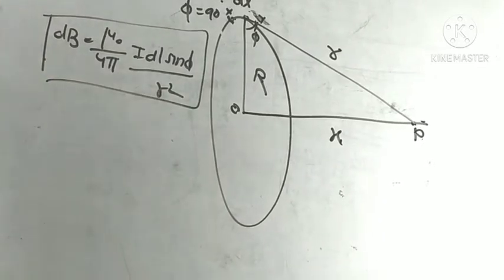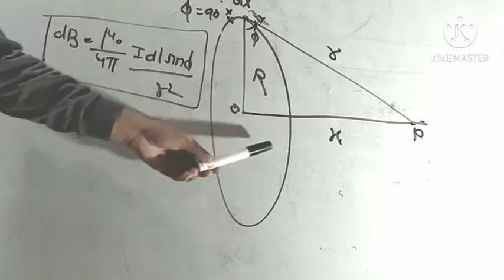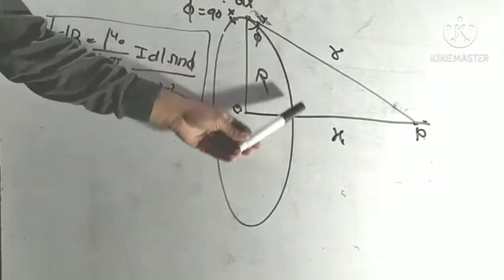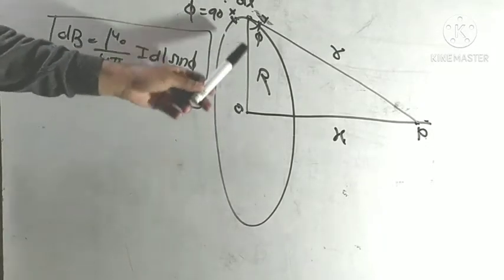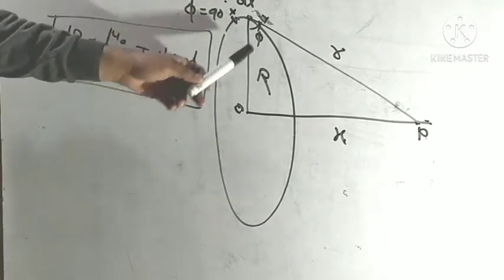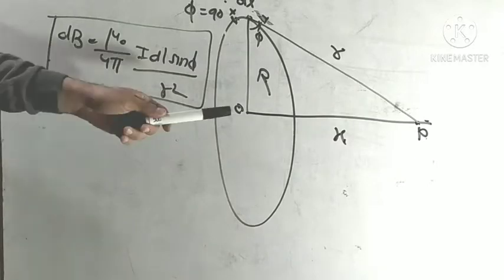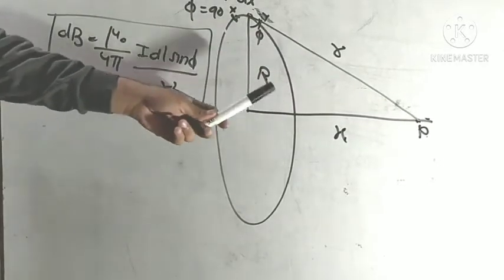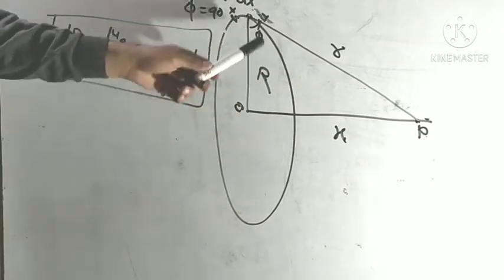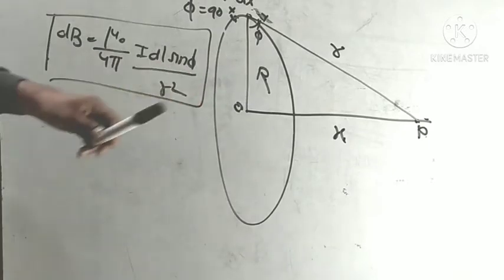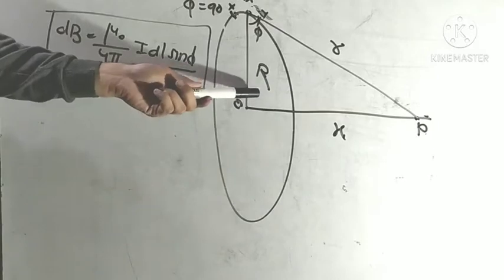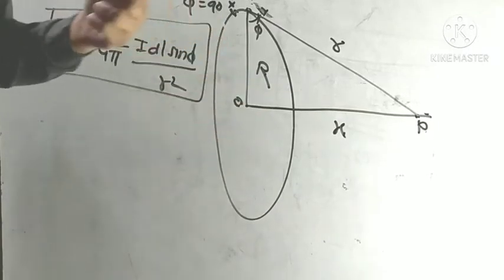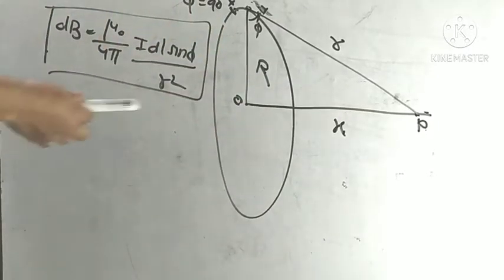I repeat again what we do here. We take a circular wire in the form of a ring or circular loop, and r is the radius of this circular wire. This is the axis, passing through the center of the circular loop. This circular loop is in vertical form and the axis is along the x axis, horizontal.